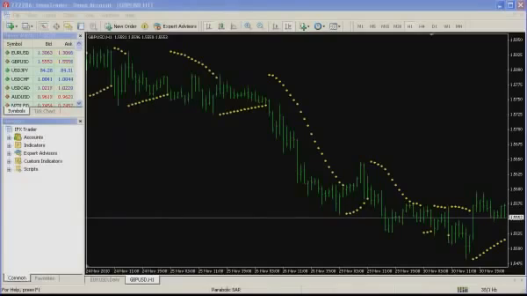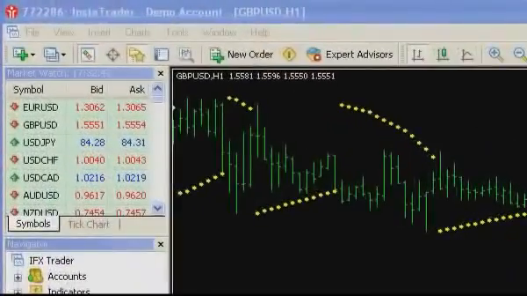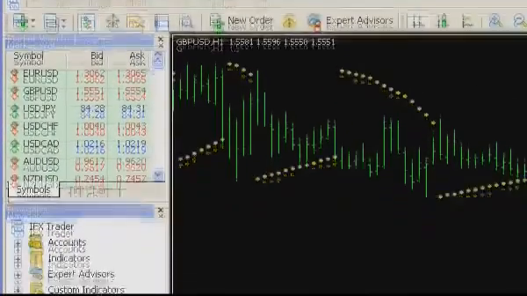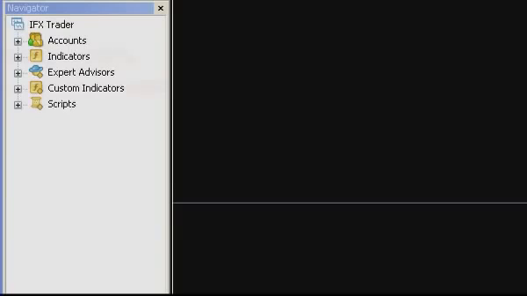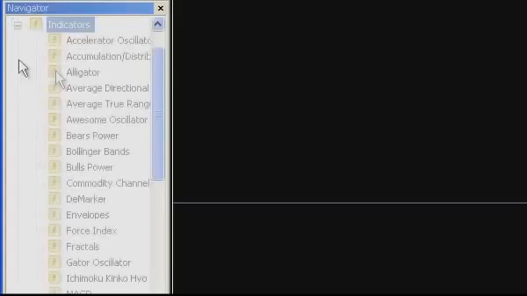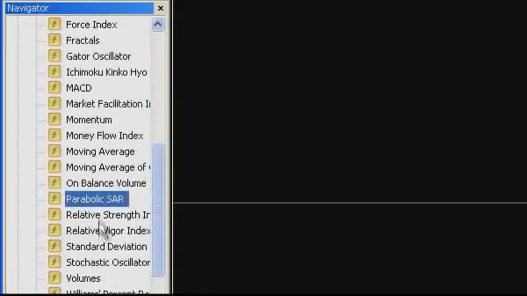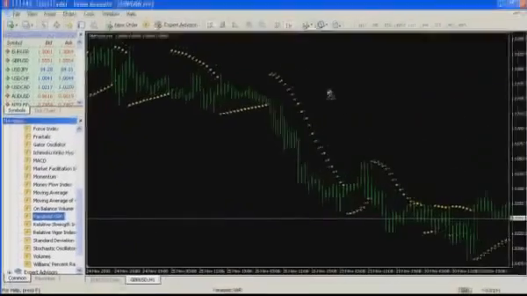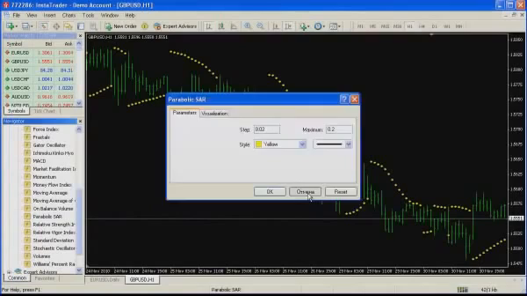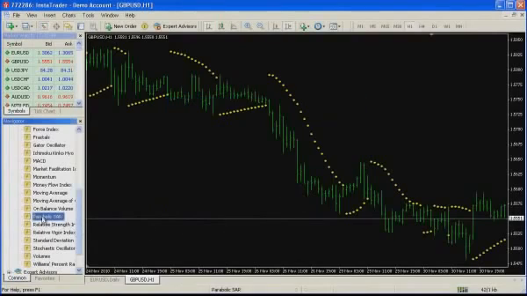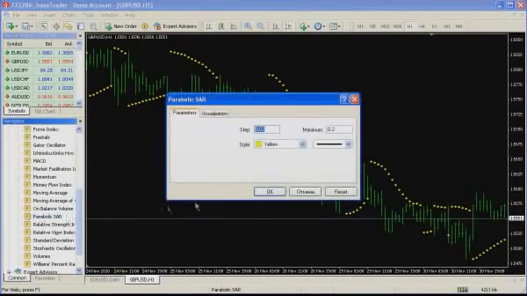The trading platform InstaTrader supports a great number of indicators and oscillators, including the parabolic SAR indicator. It is very easy to plot the parabolic on the chart of the chosen tool in InstaTrader. To do this, you need in the menu of the Navigator panel to open the list of indicators, choose parabolic SAR and move it with the help of the mouse on the chart, or click on it twice using the left button of the mouse.